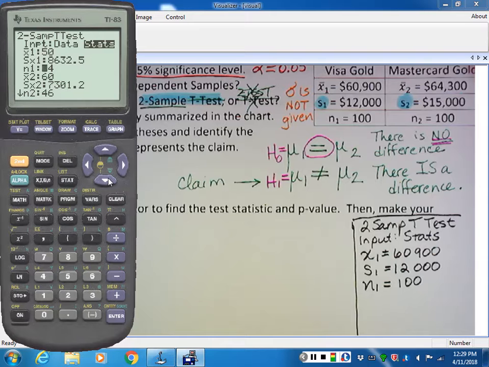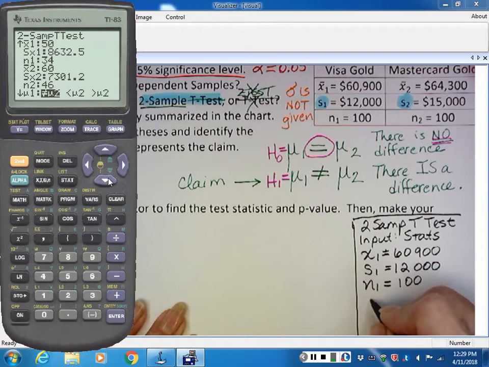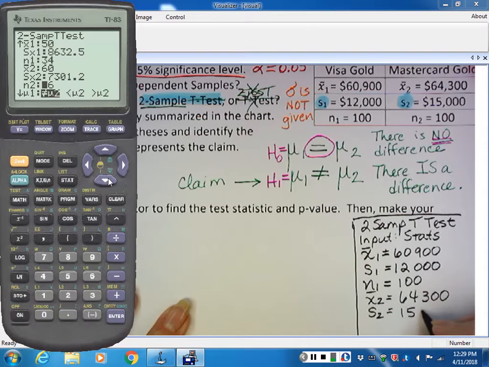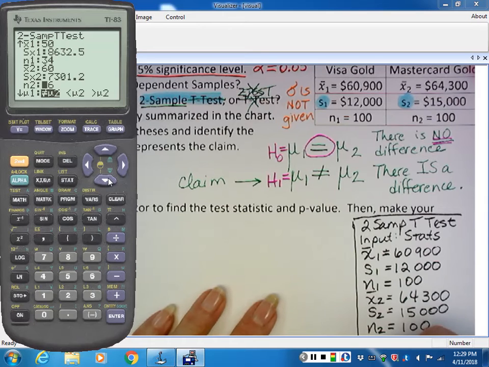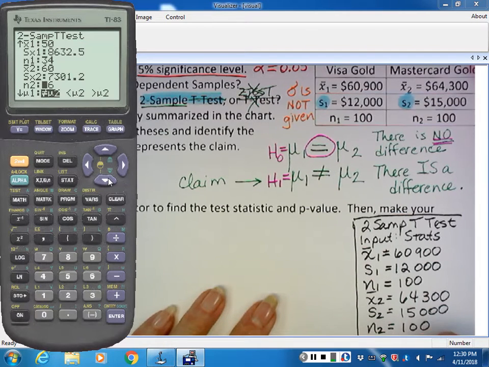And then we're going to repeat the same thing for our second group. x̄2 is 64,300. The standard deviation for that group is 15,000, so a little bit bigger. And our sample size is the same. And then the last thing is what H1 says.